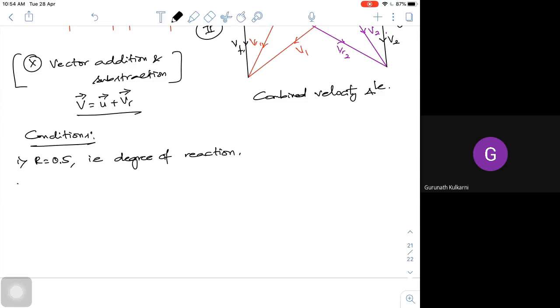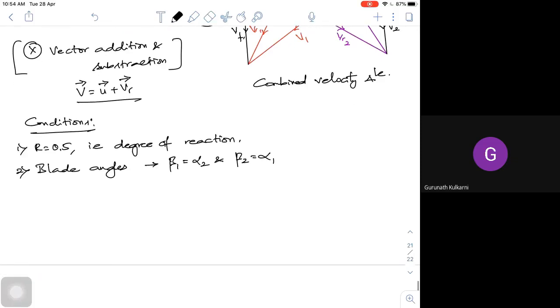The second condition is the blade angles: beta 1 is equal to alpha 2 and beta 2 is equal to alpha 1.